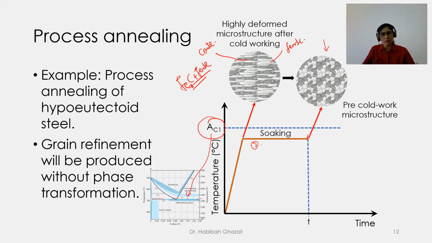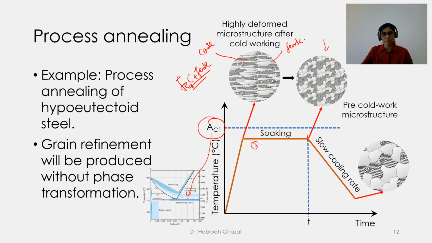After this process, if you slow cool it inside the furnace, you will allow diffusion of atoms to keep going, so that the final microstructure that you will obtain is an equiaxed microstructure with a bigger size. And therefore this metal will be much more ductile, so you can process it again.